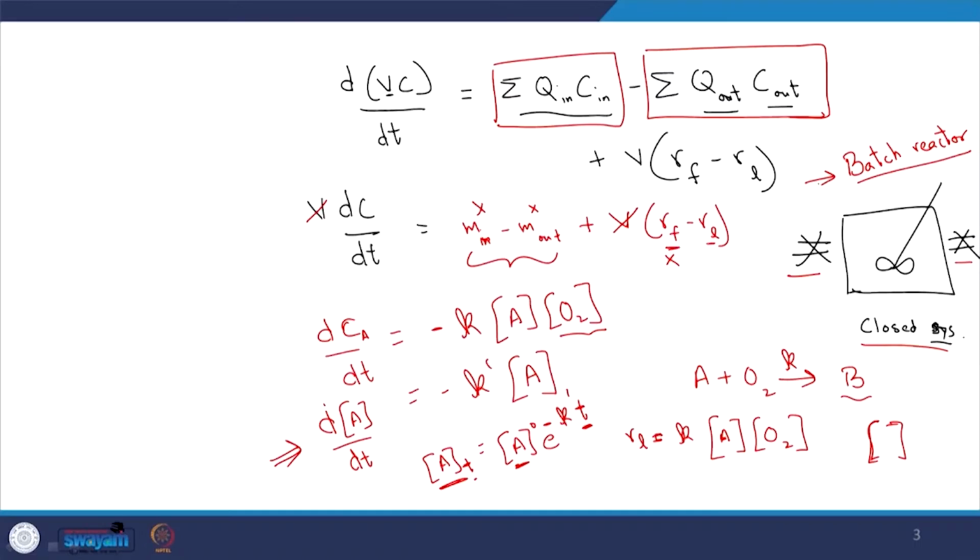Let us say you can look at a particular reactor or a control volume out there in the field and more or less try to classify it as one of three ideal reactors. The first one we just discussed, batch reactor. The second one will be continuously stirred tank reactor, and then the plug flow reactor. And then you will be able to quickly understand how the system is going to behave. So, the first ideal case reactor we looked at is the batch reactor.